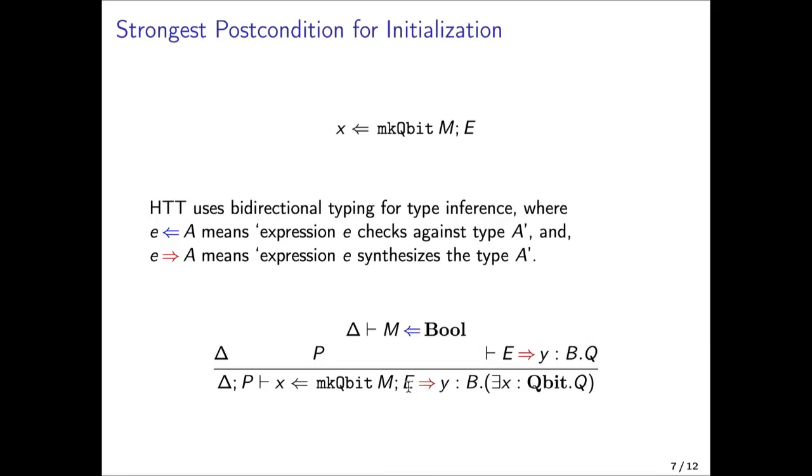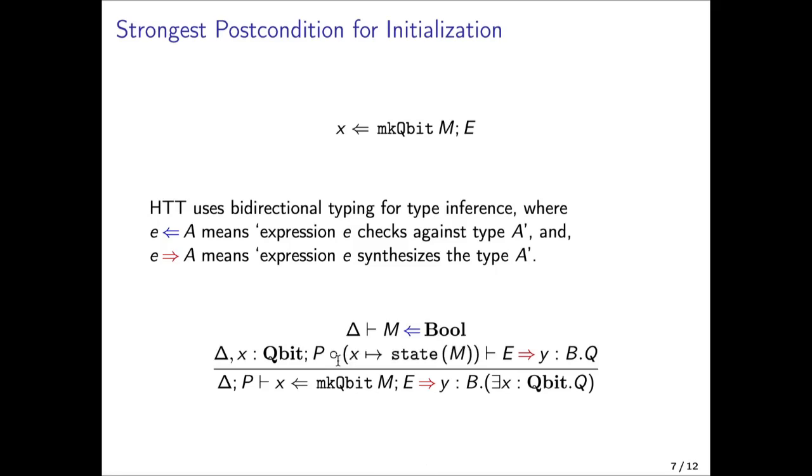So we need to synthesize the type for E, that is, synthesize the strongest postcondition Q for E. So here we are seeing delta and P, and the term has changed to just E. To be able to do that, we add x, which is bound here, to the variable context. And the precondition will also change since we are executing make qubit M and moving to the next command.